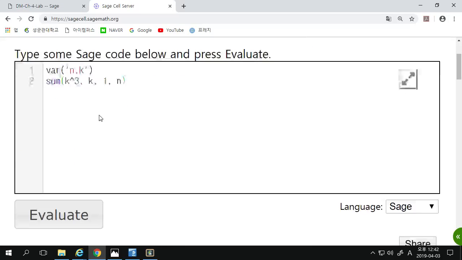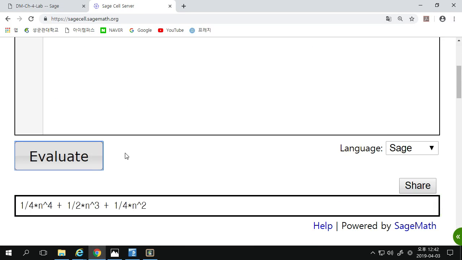We can actually compute the cubes and see how the sum changes.